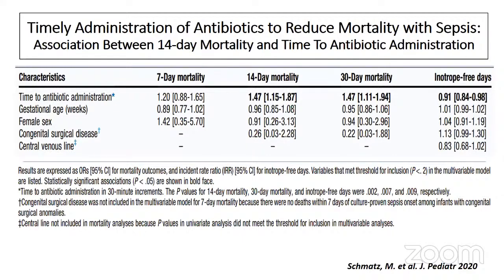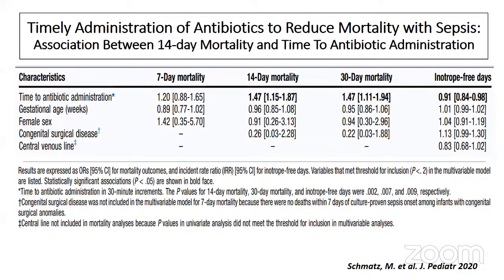In this paper, they've shown that if you take longer to administer antibiotics, looking at every 30-minute increment, the 7-day mortality ratio is 1.2. The 14-day mortality is also high, but the confidence interval includes the number 1, so it is not statistically significant. But the 14-day and 30-day mortality increases.